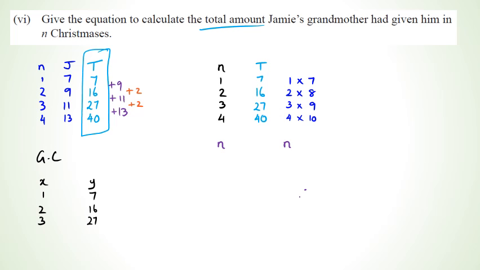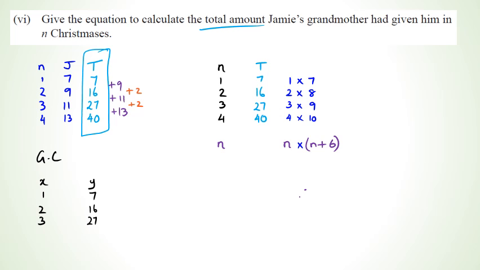So n and n stays the same, multiplied by, the next thing I notice is the difference between these numbers and n itself. Between 4 and 10, the difference is 6. Between 3 and 9, the difference is 6. So I could write it as n times n plus 6.